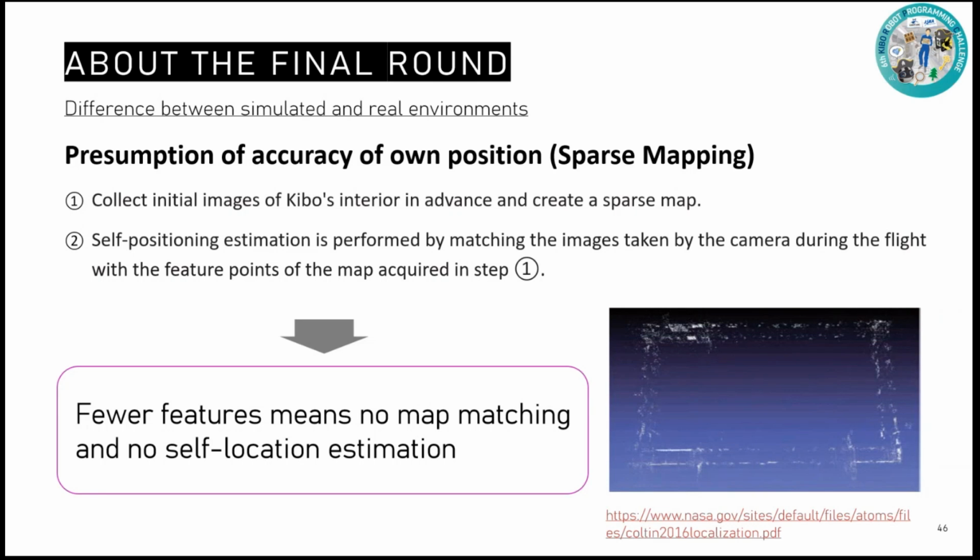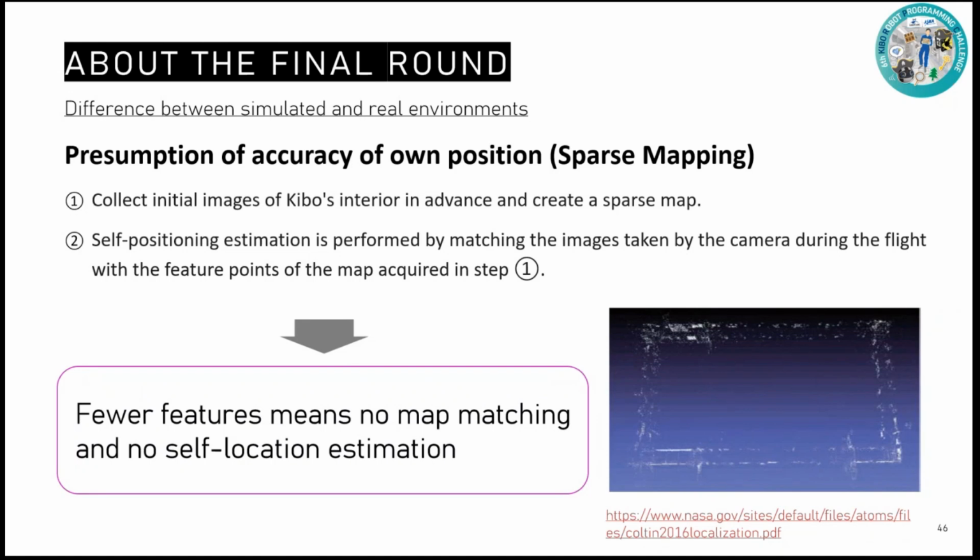You have to know that in areas with few distinguishable features, Astrobee may experience self-localization loss, leading to loss of flight control. So it's really more difficult than the simulated environment because of this mapping and self-localization loss. In contrast, the simulation environment does not replicate this self-localization method.